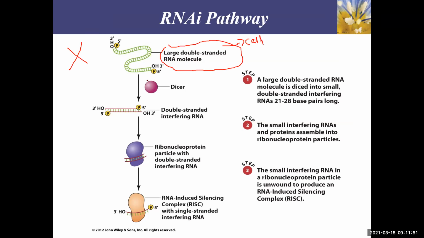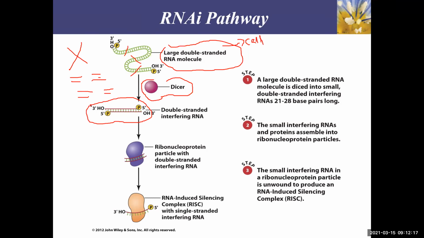And there's something called a dicer. In simple language, dicer is like a scissor, the way you cut paper with a scissor. It's an enzyme which cuts this double-stranded RNA into many fragments, and this is one fragment out of those.